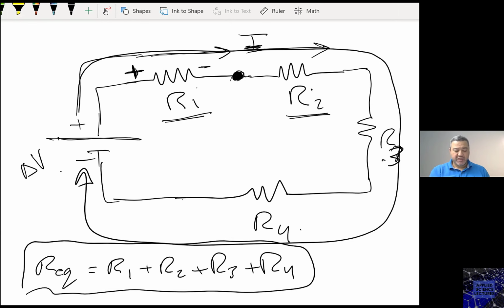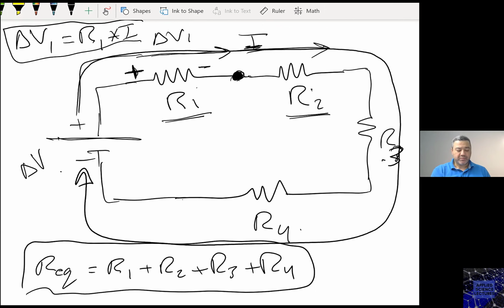So in this case, I have here delta V1, which is the potential difference across R1 only. So in this case, I can say delta V1 equals what? Equals R1 times this current. Fine.